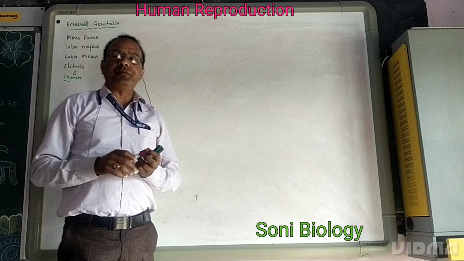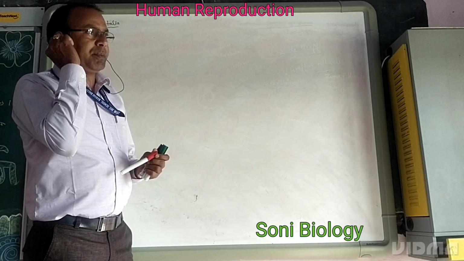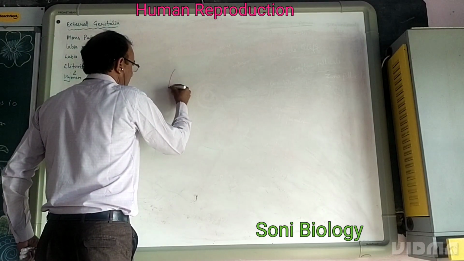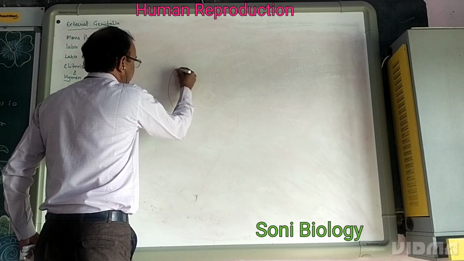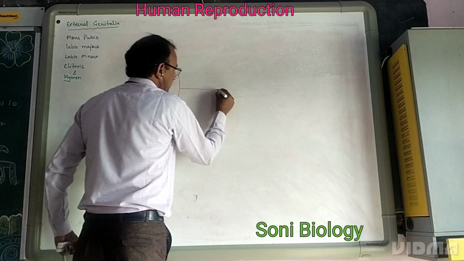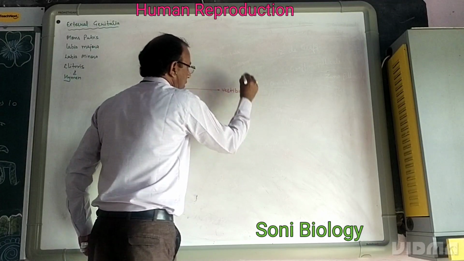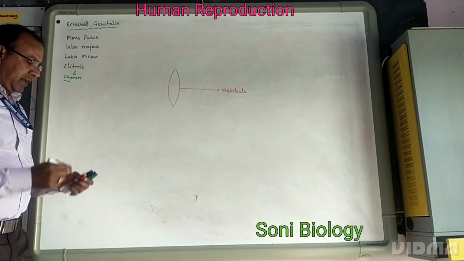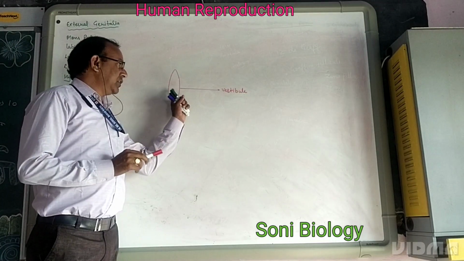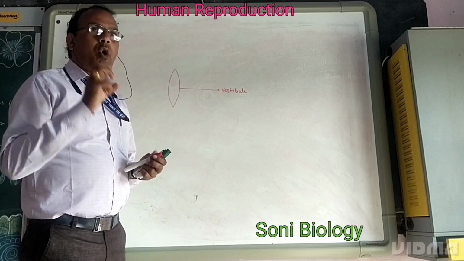First of all, human external genitalia may consist of a depression. That depression is called vestibule. This depression vestibule may consist of two orifices, two openings.